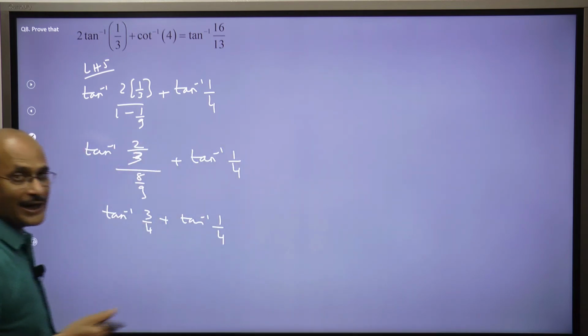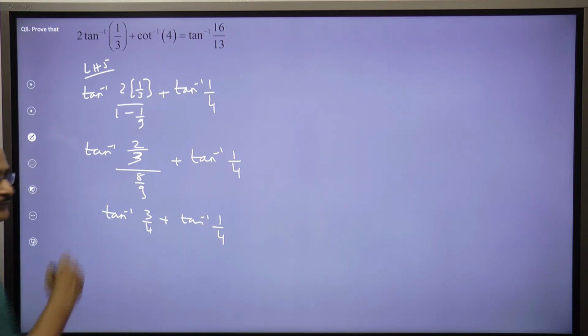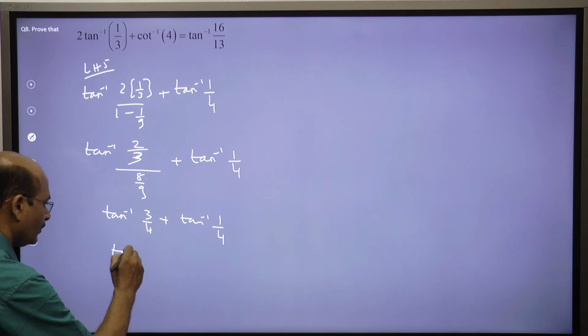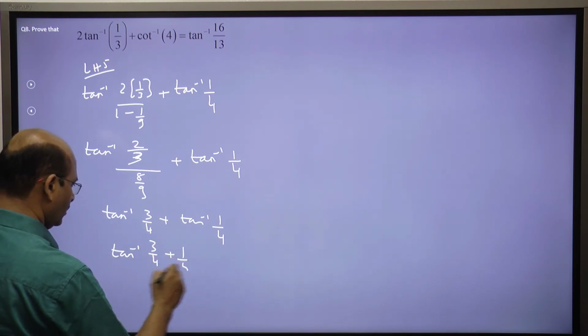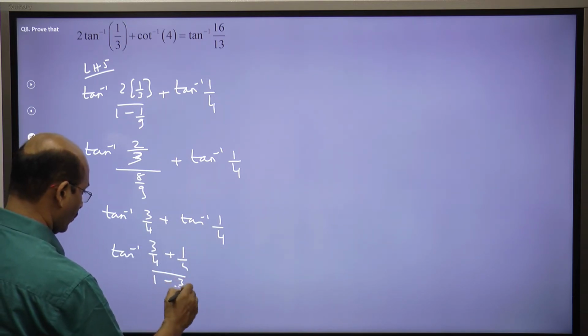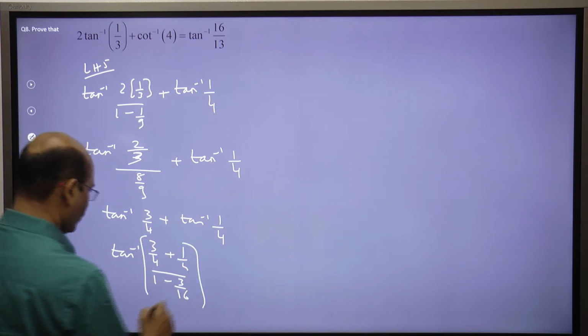Tan inverse x plus tan inverse y, I showed you, will become tan inverse x plus y upon 1 minus xy. So let us see what happens.